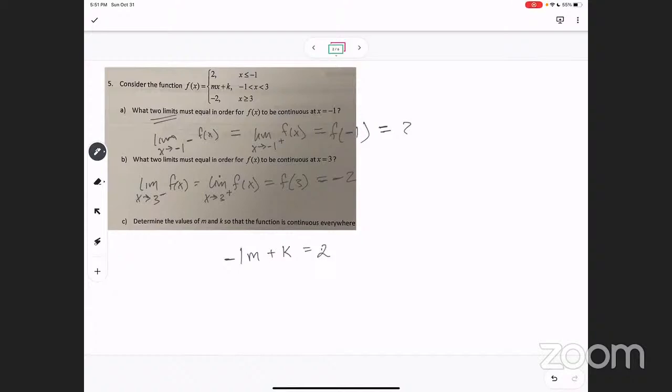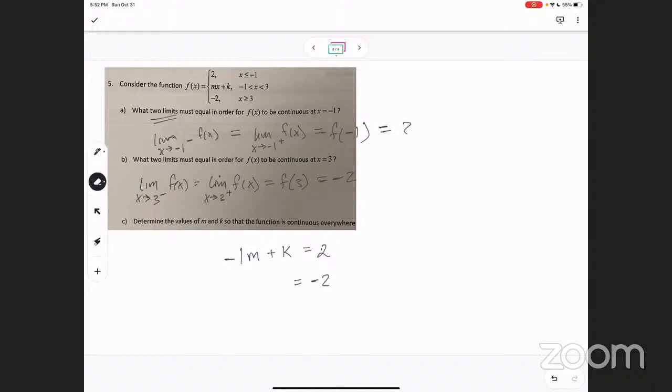And we know that, so that's for the top one. And for the bottom one, we know that they have to equal -2. Sorry, what is that? Let's see. Sorry, I'm trying to read this thing, trying to figure it out on the fly here. mx plus k.